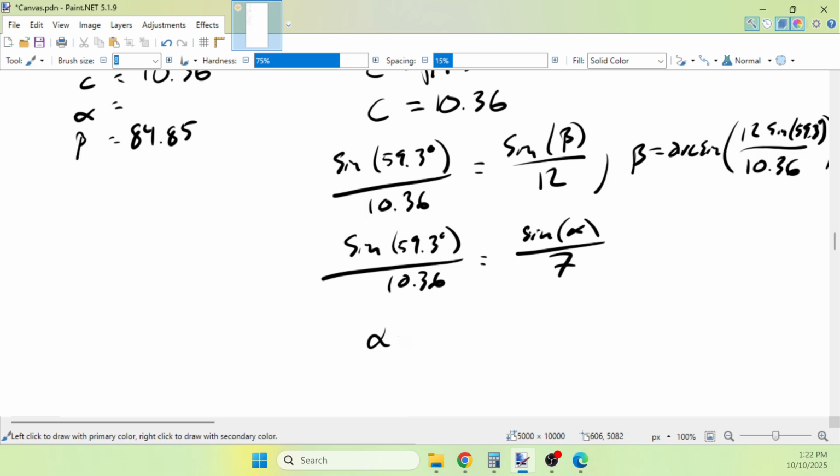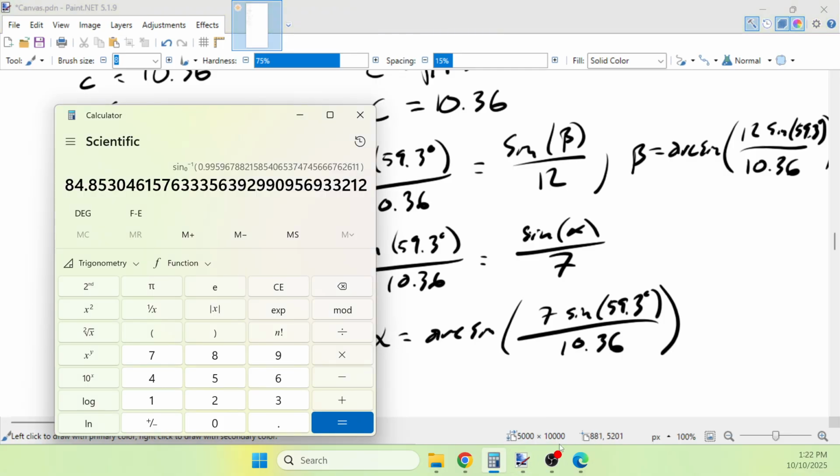Solving this, alpha equals the inverse sine of 7 sine of degrees over 6. Seven, 6, 35.